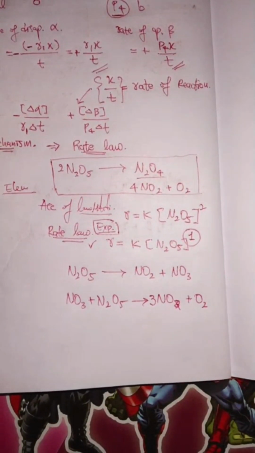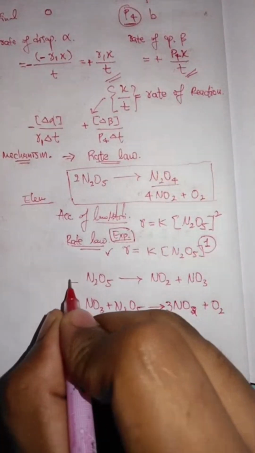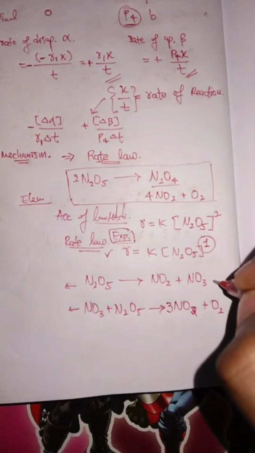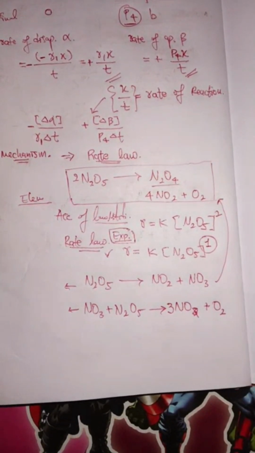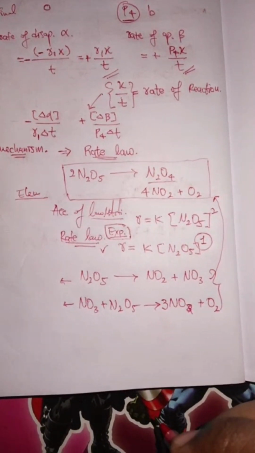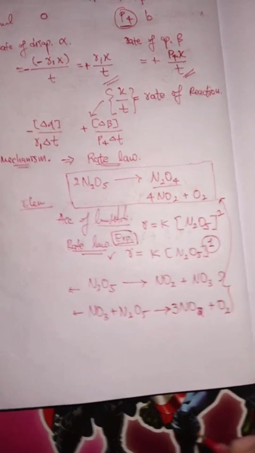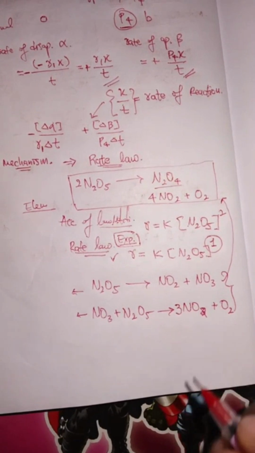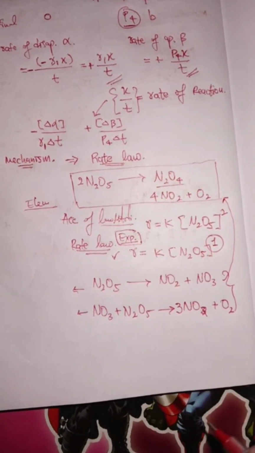These are the elementary reactions that take place, but generally we could write it this way. Here are the two elementary reactions that occur within the generalized reaction, and this is the mechanism of the reaction.